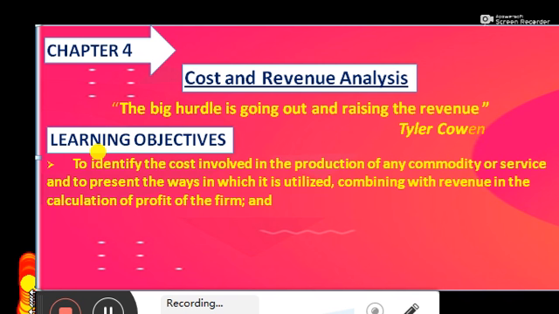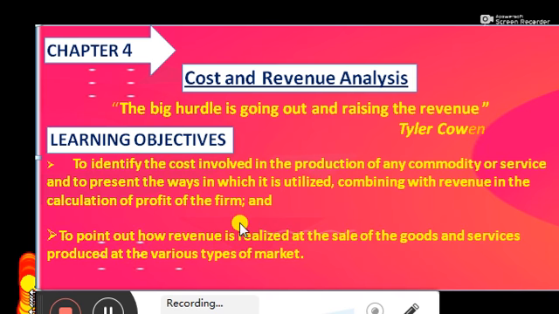First one is to identify the costs involved in the production of any commodity or service, and to present the ways in which they are utilized, combining with revenue in the calculation of profit of the firm.